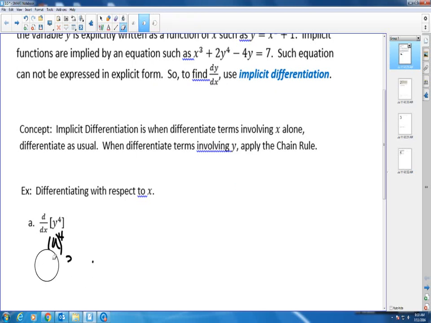I'm basically using the power rule, which is n times u to the n minus 1 times u prime. So for my answer, the derivative of the outside is 4 times the inside, with the exponent dropping by 1, times the derivative of the inside. Since I cannot take a derivative of the inside with respect to x, because the variable doesn't match, that would just be y prime or dy dx.